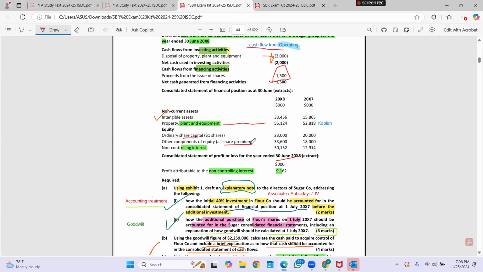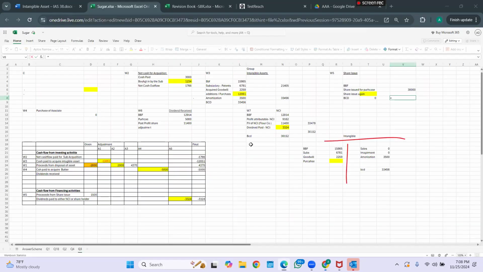Closing would be 23,000 plus 33,600. So you can see, obviously, from 38 to 56, my balance has increased. That means I have issued some shares.